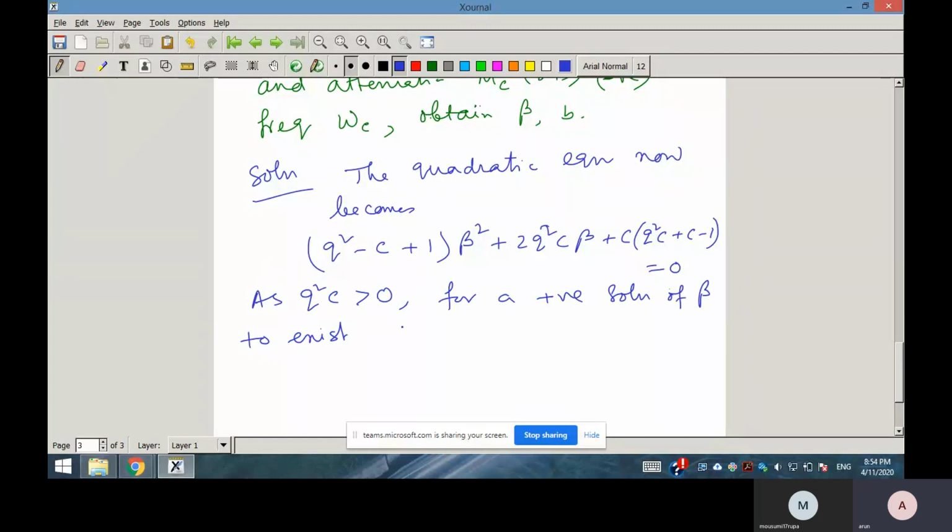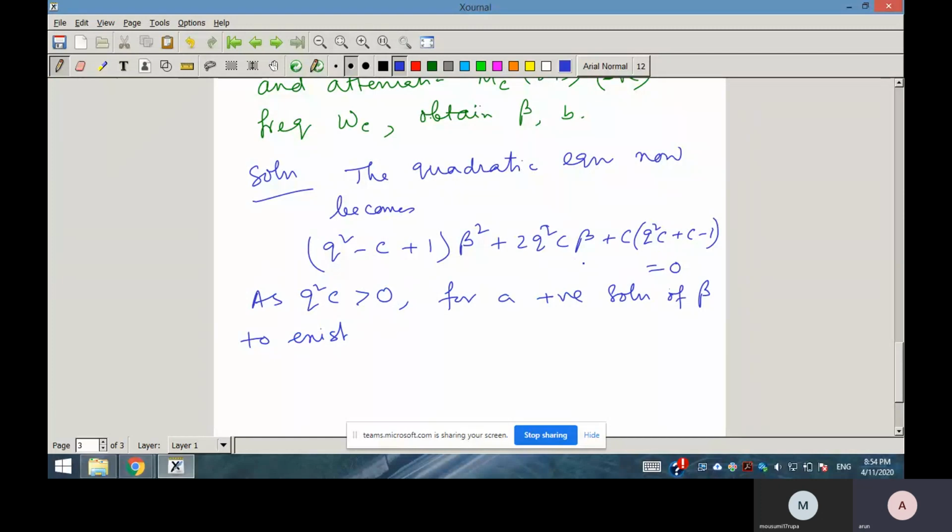Here, as I said in case of lead controller, you can compare the equation with a standard second order equation, a x square plus b x plus c. Suppose b is greater than 0, like here Q square C greater than 0. Then what is the condition for existence of at least one positive root?